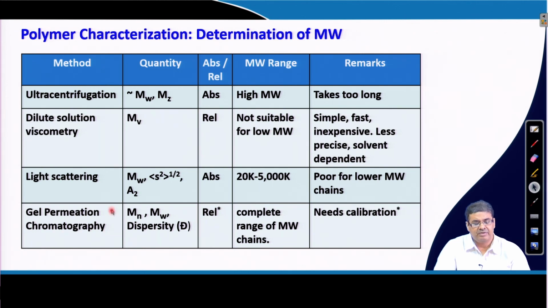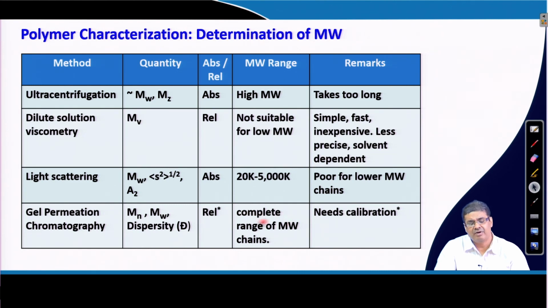Gel permeation chromatography technique can be either relative or absolute, depending upon how we use it. In most laboratories, GPC is used as a relative technique. That means molecular weight measurements are done using a calibration curve which is generated from known molecular weight of polymers.